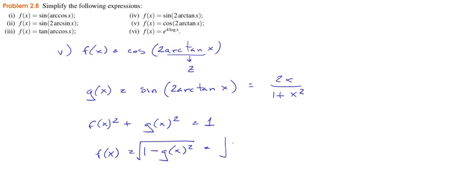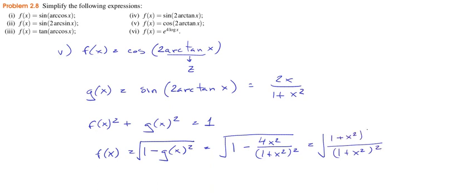So this is the square root of 1 minus 4x squared over 1 plus x squared, squared. So you plug everything in the same fraction. We have 1 plus x squared minus 4x squared.